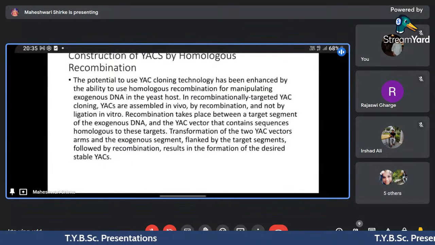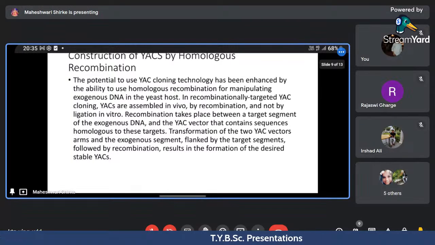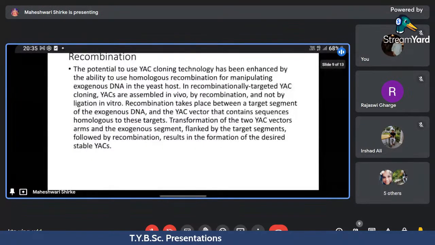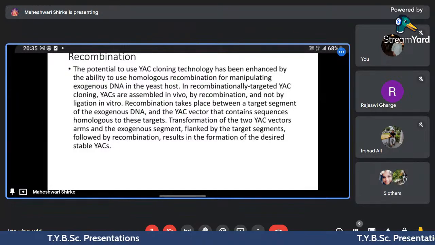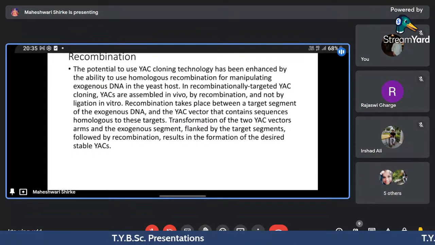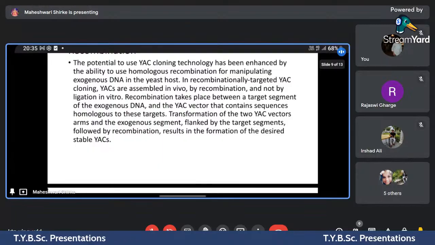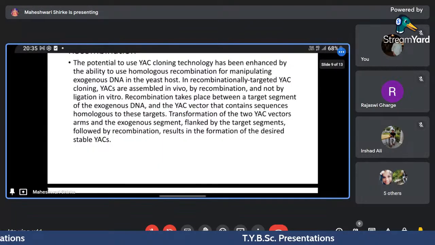Cloning in yeast by homologous recombination. The potential to use yeast artificial chromosome cloning technology has been enhanced by the ability to use homologous recombination for manipulating exogenous DNA in the yeast host, in recombinationally targeted yeast artificial chromosome cloning.